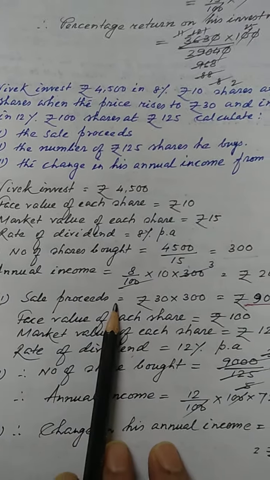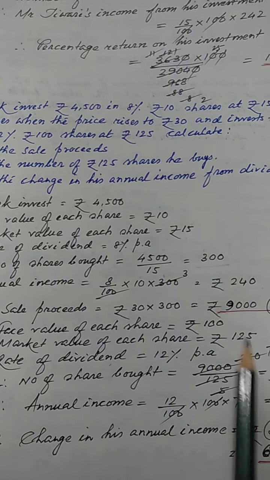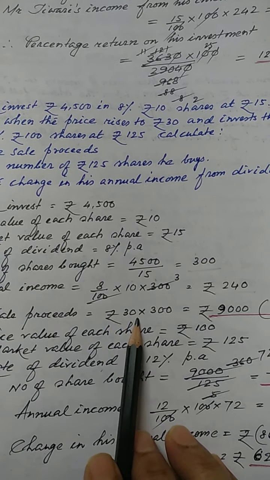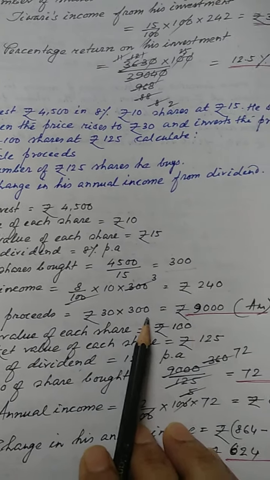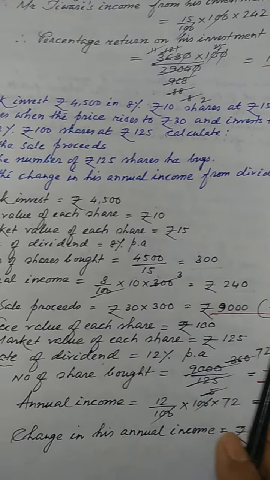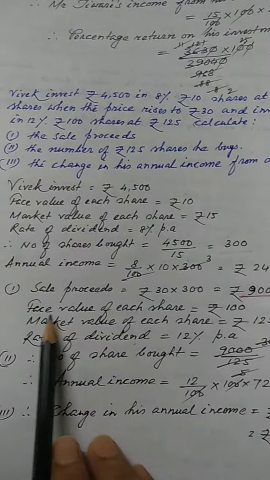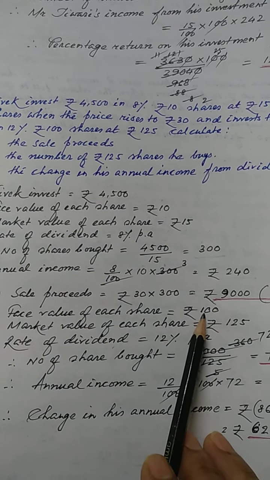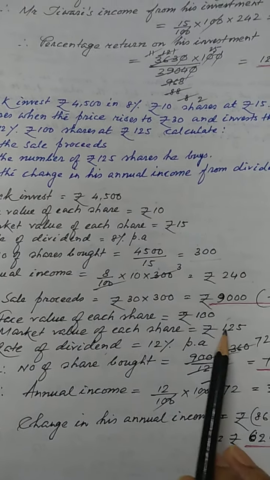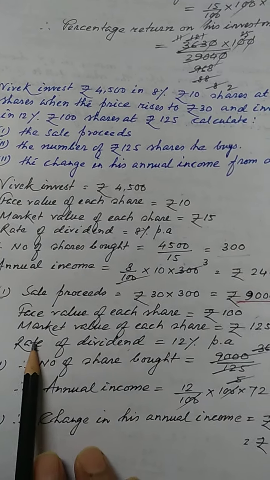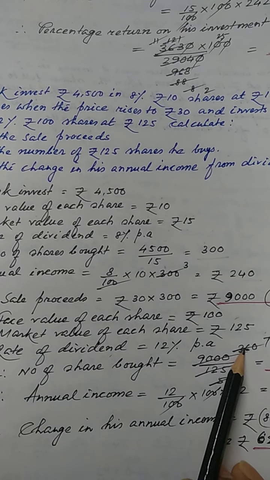Now the sale proceeds equal rupees 30 into 300. It's coming rupees 9,000. And face value of each share is rupees 100. Market value of each share is rupees 125. Rate of dividend equals 12% per annum.